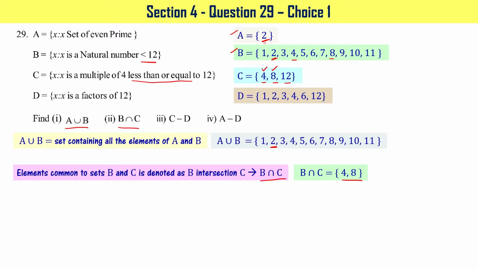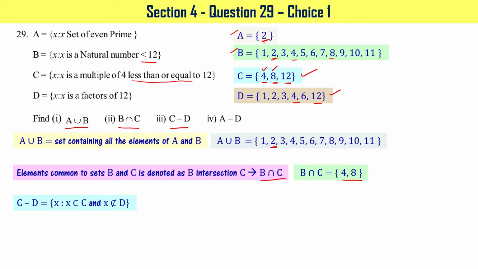Now let's go to C minus D. C minus D is defined as a set containing elements of C but not the elements of D. It means X has to belong to C and X should not belong to D. If you take numbers like 4, 8 and 12, these elements are there in C, but they should not be there in set D. 4 is there in D, 12 is there in D, and 8 is the only element that is there in the C set but not in D. You got it?